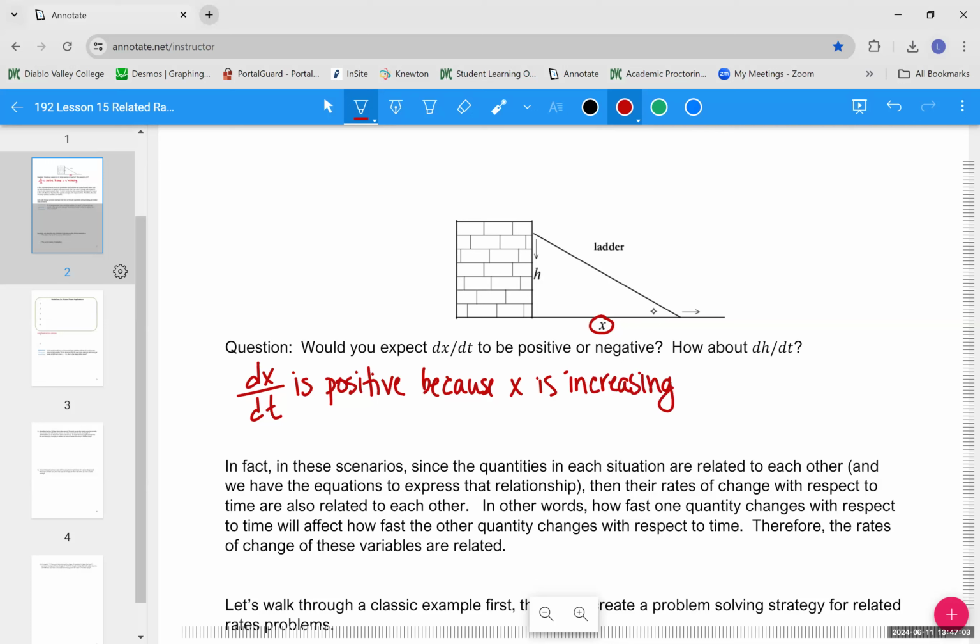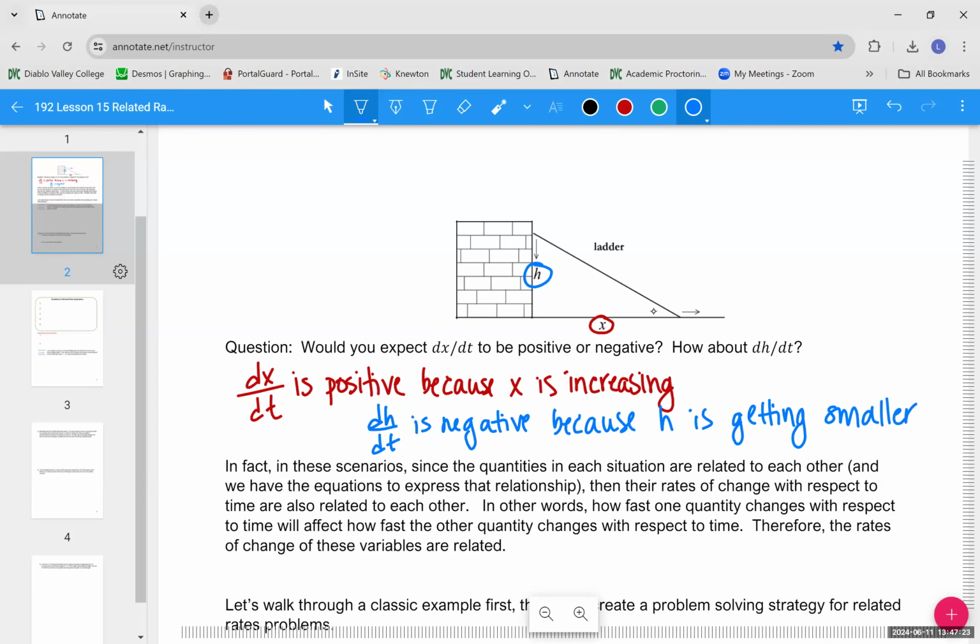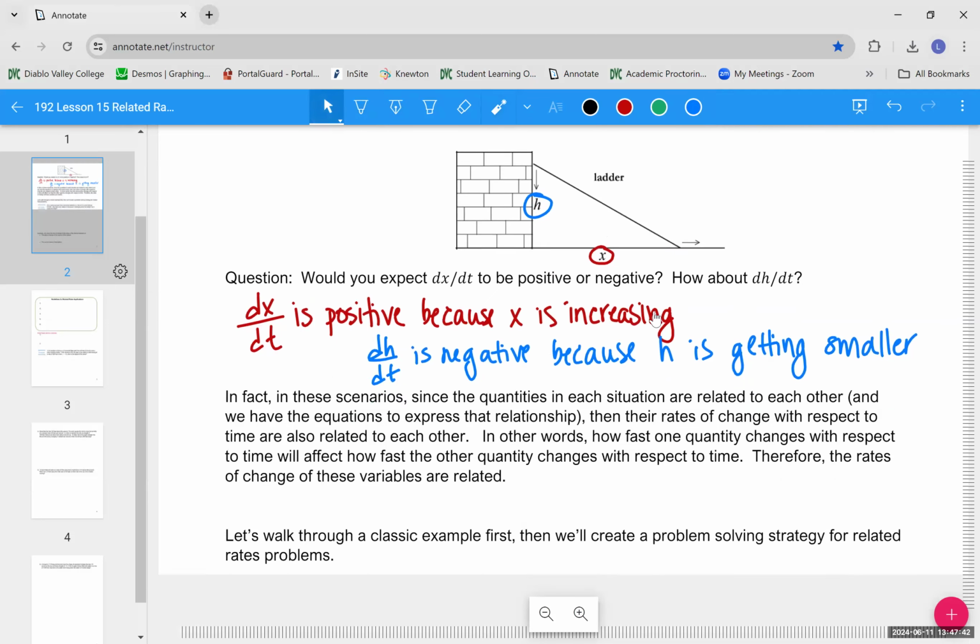But the flip side of that is that dH dt is negative, and that is because H is getting smaller. So we do have to pay attention in these problems. We will often be given a rate, but the problem might say it's increasing or decreasing at the rate of 3 meters per minute. If it says decreasing, then we need to use a negative number for that rate. So there is a bit of interpretation that you need to do.